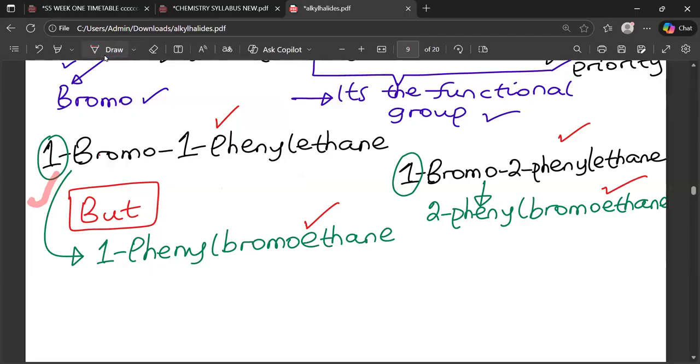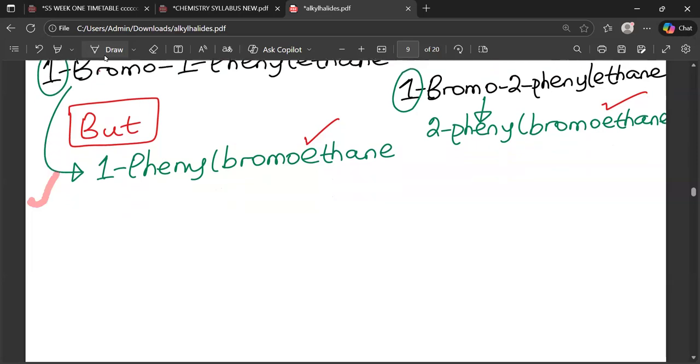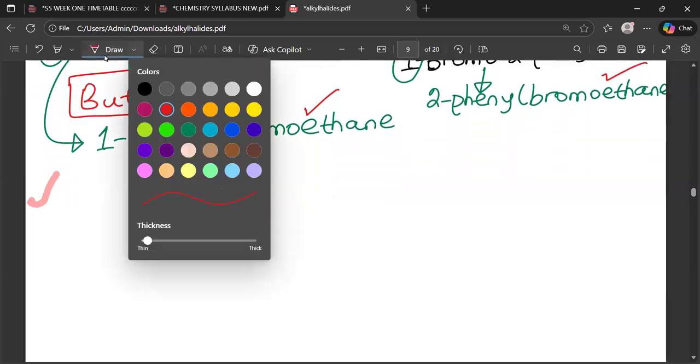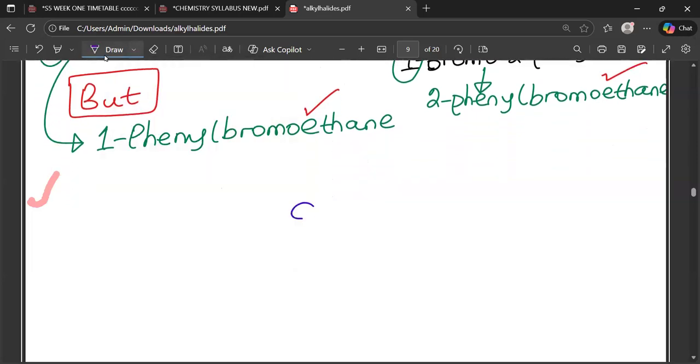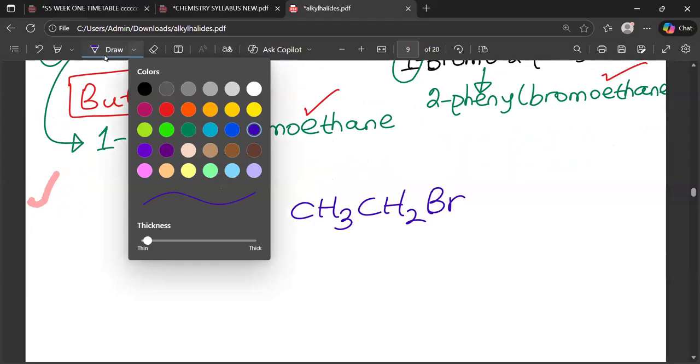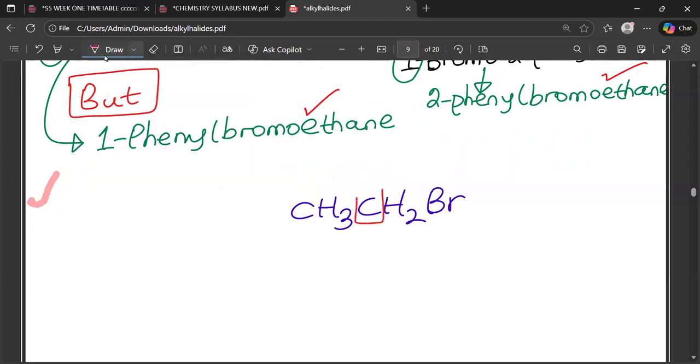The other one, you're using the basics of nomenclature, which are very okay. But for me, I may come up and tell you that bromoethane, we all know it is like this. Because the Br is attached to this last carbon, that means this is carbon number 1, isn't it?